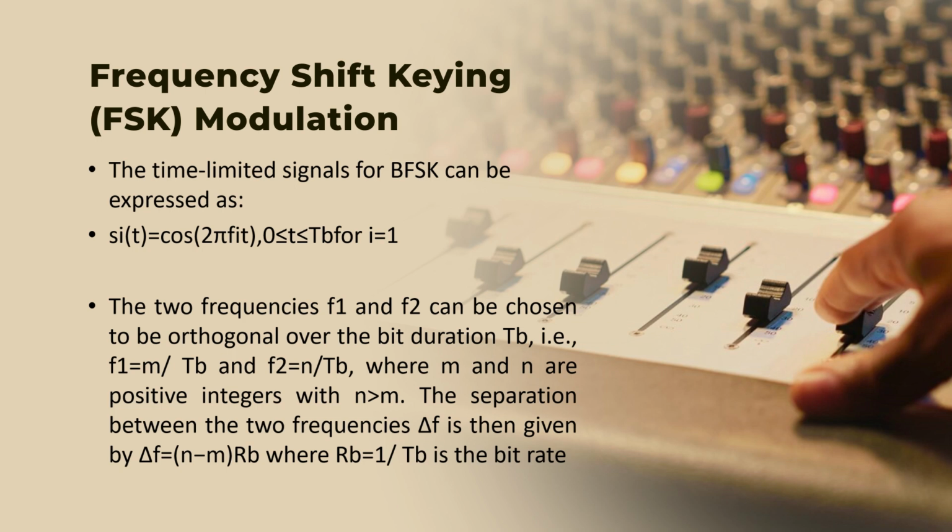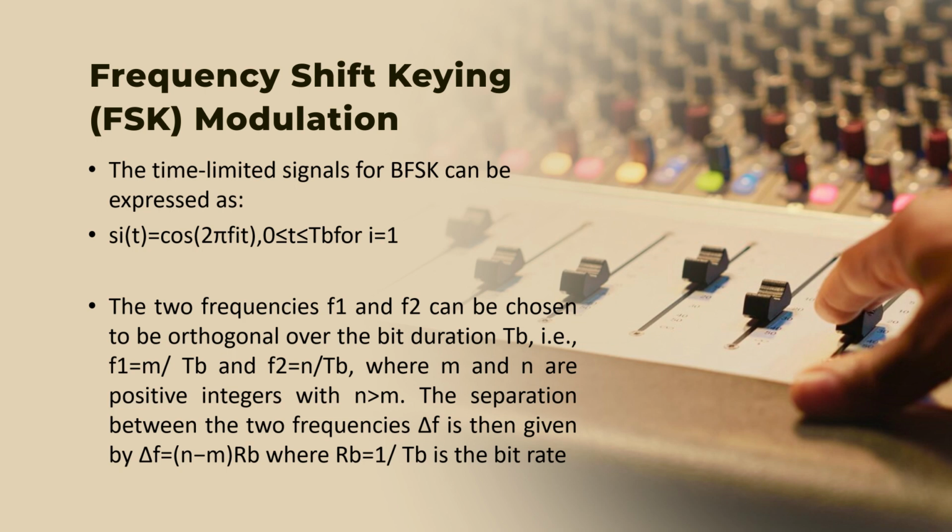The time-limited signal for BFSK can be expressed as s(t) = root of (2 Eb / Tb) cos(2 pi F t), for 0 <= t <= Tb. In certain cases, the two frequencies F1 and F2 can be chosen to be orthogonal over the bit duration Tb.